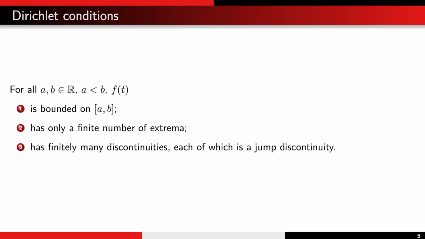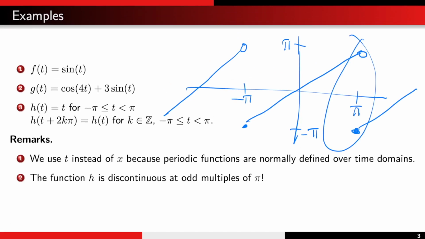For all real numbers a, b, a less than b, the function f of t is bounded on the closed interval a, b. And it has only a finite number of minima and maxima. And it has only finitely many discontinuities, each of which is a jump discontinuity. So here we have jump discontinuities at every odd multiple of pi.